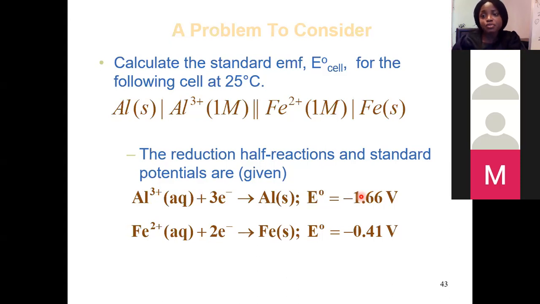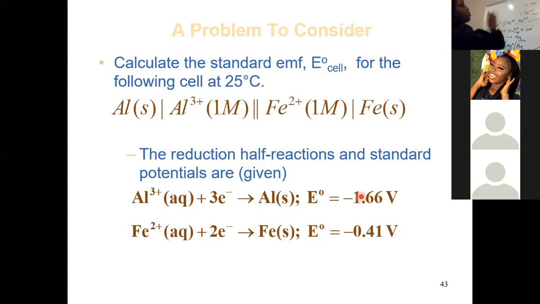Remember, I said for you to remember whether it is right or left, just remember redox. Red comes before ox. So it is reduction minus oxidation, which is your right minus left. If you decide to do that, from this question that you have on your slide, your right minus left would be what?